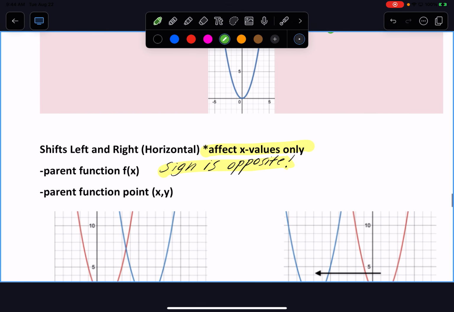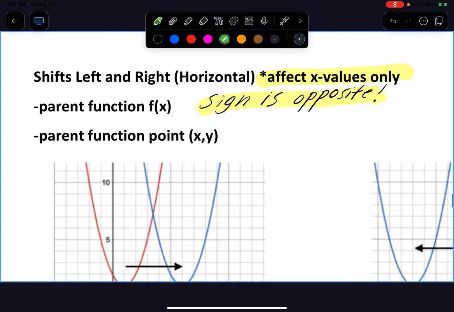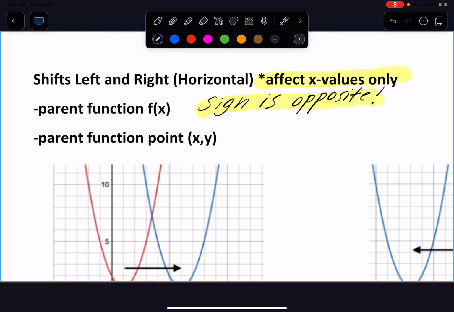Now, horizontal shifts. Focus, focus, because yes, that one's easy. This one has a confusing element. You've got to listen. I'm telling it so it's not confusing, but you got to listen. So shifts left and right are also considered horizontal shifts. Now think about it. If you take a graph and shift it left and right, it only affects your x values. If I literally move something left and right, it's only affecting x values.